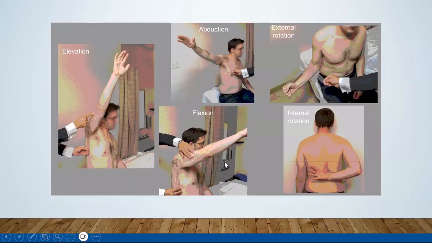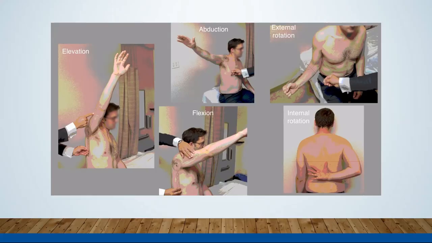In this lower picture in the middle, we're seeing flexion of the humerus. In the middle top picture, we're seeing abduction. This is a fabulous one of external rotation and internal rotation. You may not have thought of the humerus doing internal rotation, but putting the dorsal aspect of your hand on the spine creates internal rotation of the humerus.